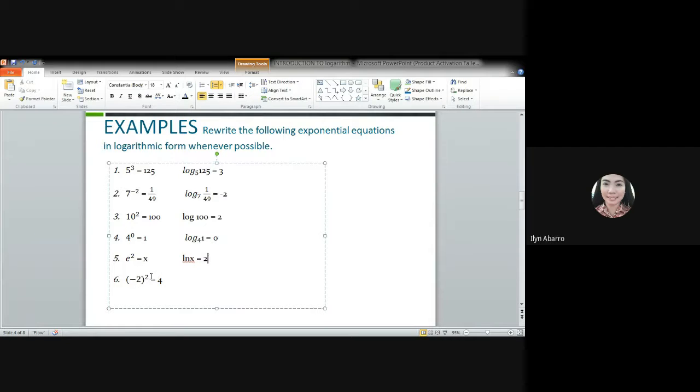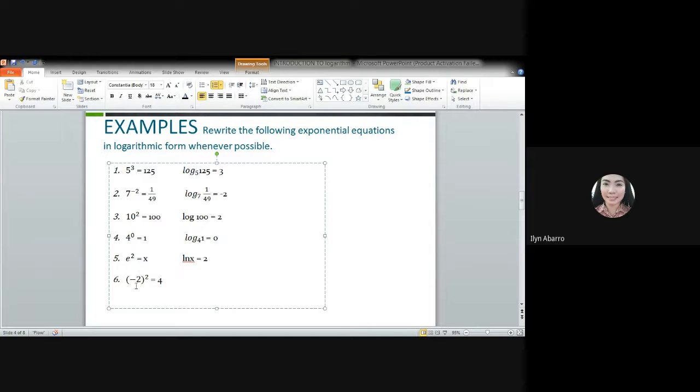Okay, number 6. Negative 2 squared is equal to 4. Okay, so can you write this in logarithmic form? So, this is not possible kasi yung base natin is negative 2. Diba sabi, yung base b must be positive number and not equal to 1. So, hindi pwede yung negative at hindi rin puwedeng maging 1 ito.